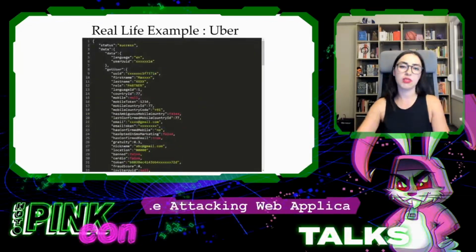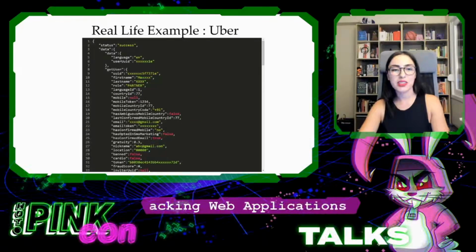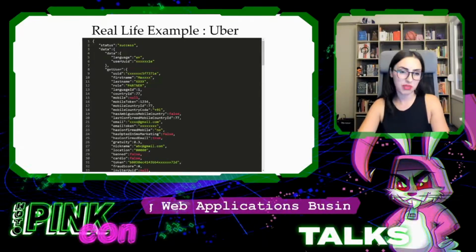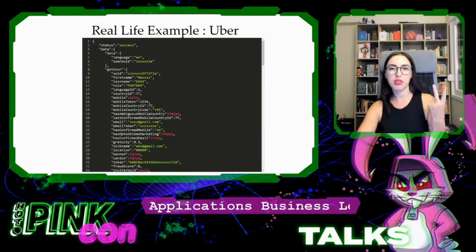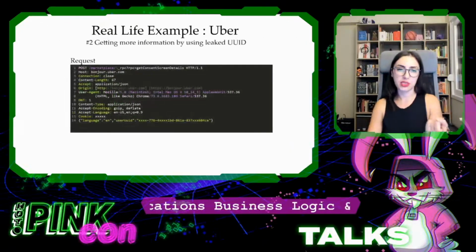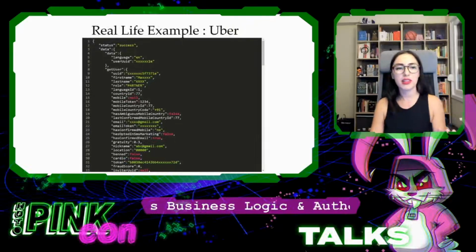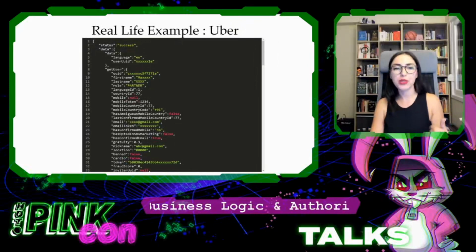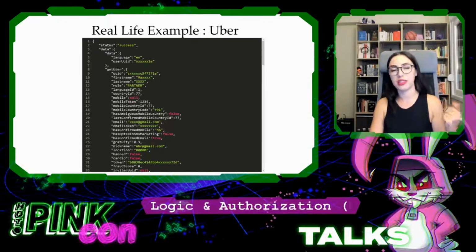And here is the response. In our response, we can see much information belonging to any user role and user type. So we had two different endpoints which were giving us UUIDs, and another endpoint, which is this one, asking for these UUIDs as a parameter and returning private information of the user belonging to that UUID.